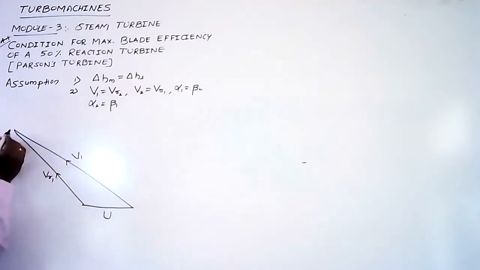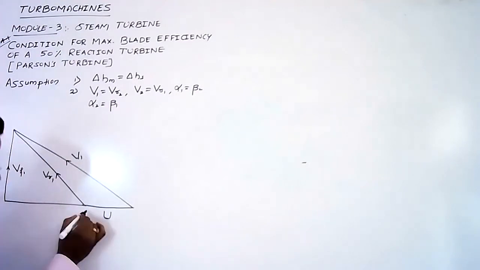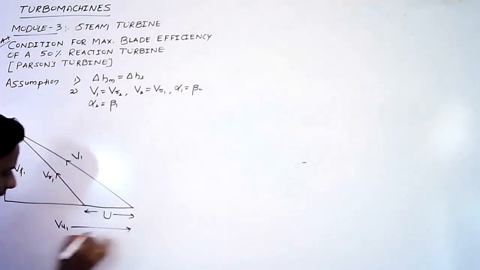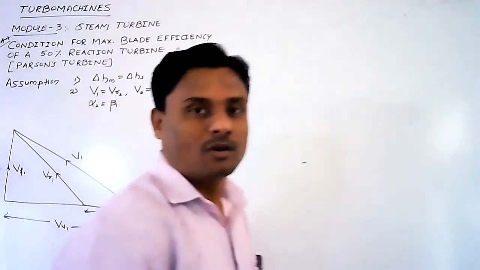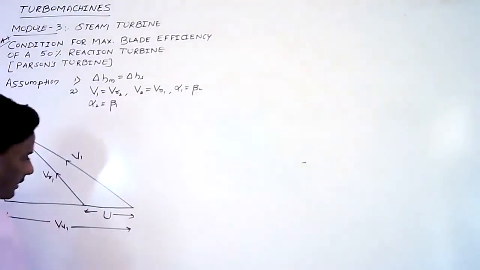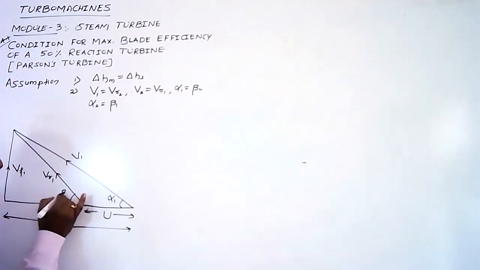The vertical component of V1 is Vf1, which is known as the axial or flow velocity component, and its horizontal component is Vu1, the tangential or whirl velocity component at the inlet. Alpha 1 is the angle made by V1 and beta 1 is the angle made by Vr1.